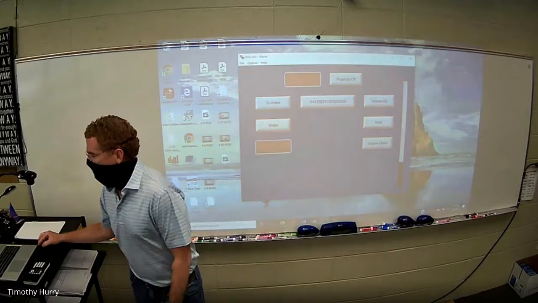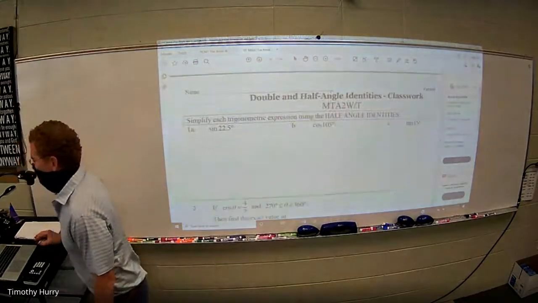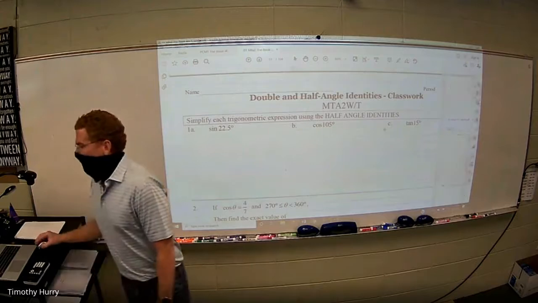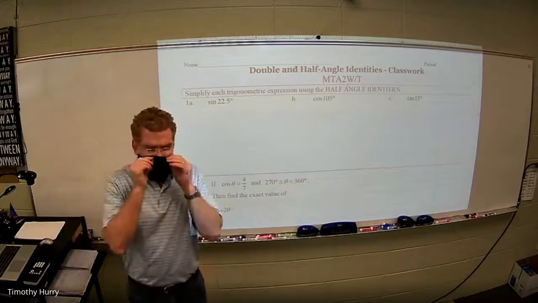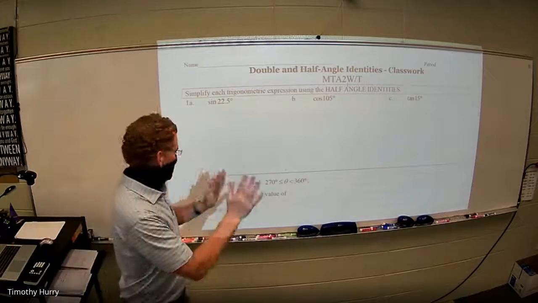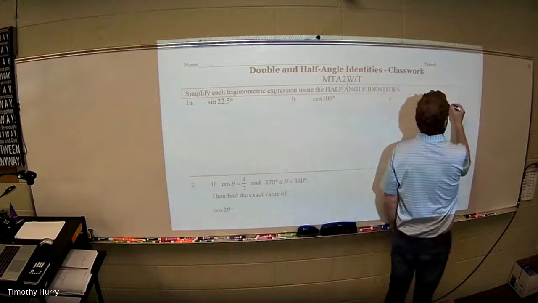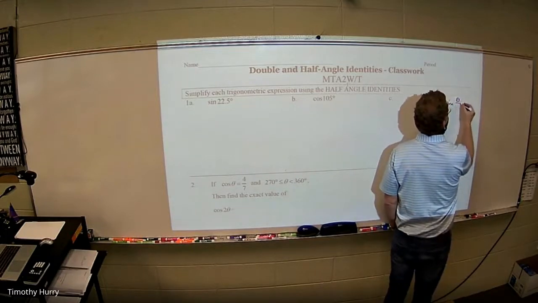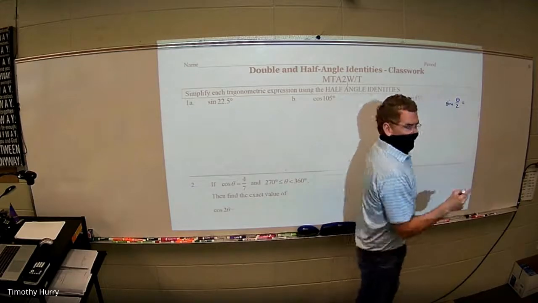So if you want to jump with me to the book and check out page 53, we're actually going to jump straight into the half angle identities. Now, the half angle identities, if you don't know those yet, here they are. They are the sine of half of an angle. And this part's really important right here.